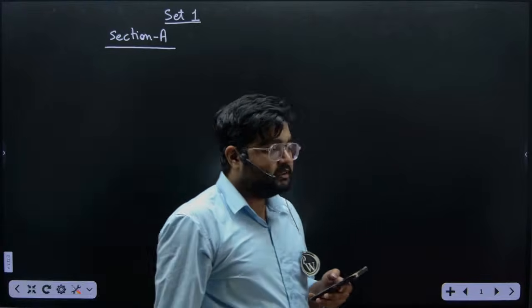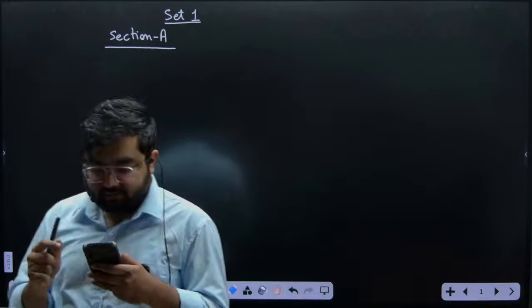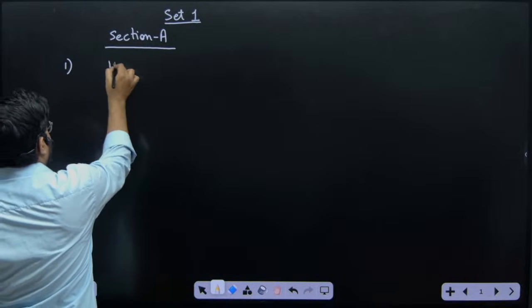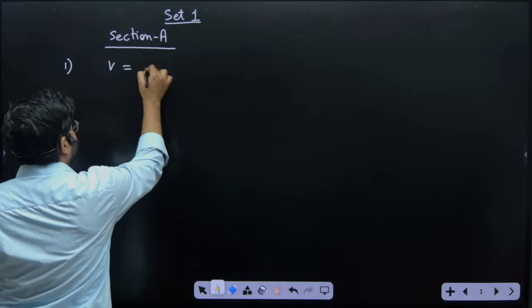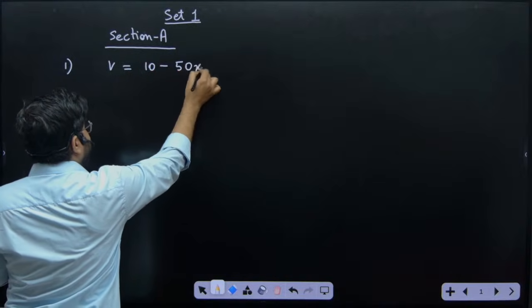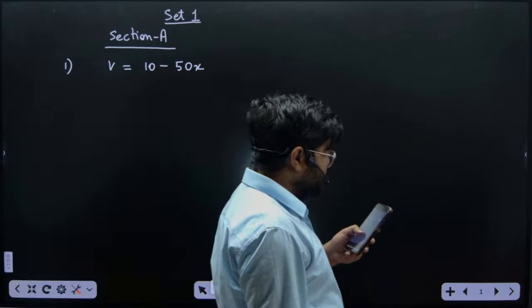In the first question, they have given that in a region the electric potential varies as 10 minus 50x, where V is the potential in volts and x is in meters.